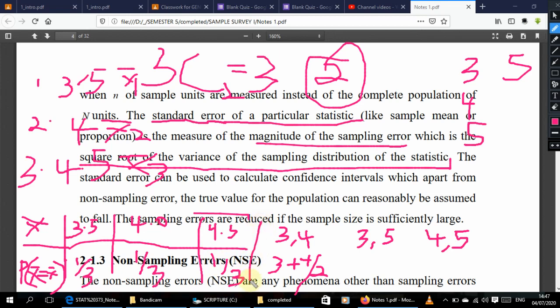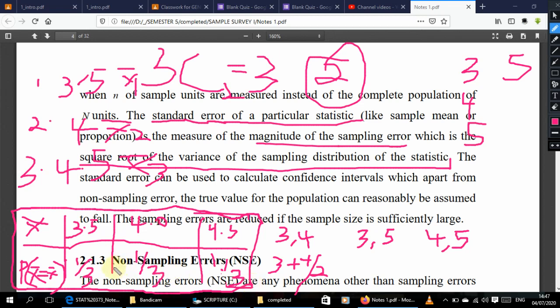So this distribution you see here, which is a discrete distribution, is what we call the sampling distribution of the statistic.